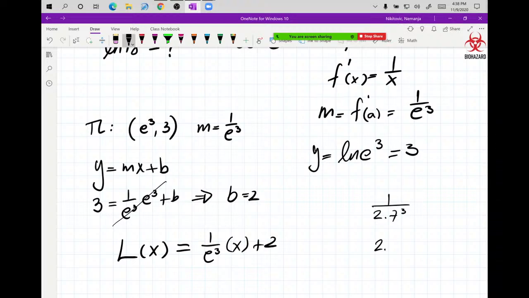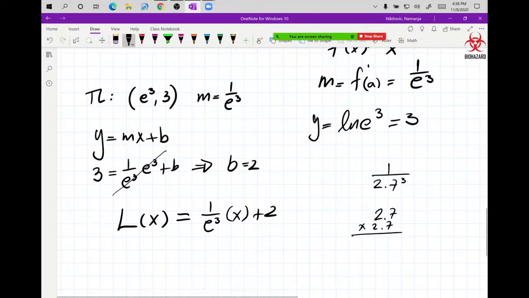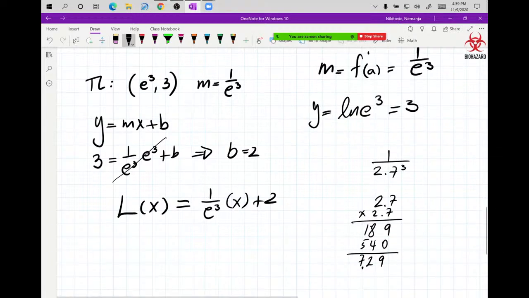So I have 2.7 times 2.7. Here is me writing it in the sand. So 7 times 7 is 49, and then this is 18. Placeholder, 2 times 7 is 14, 4 and 1 is 5. Add them all together, 729, so 2 decimal places.